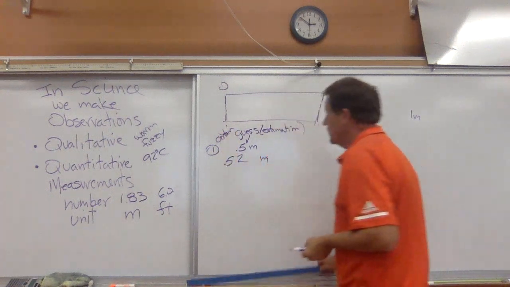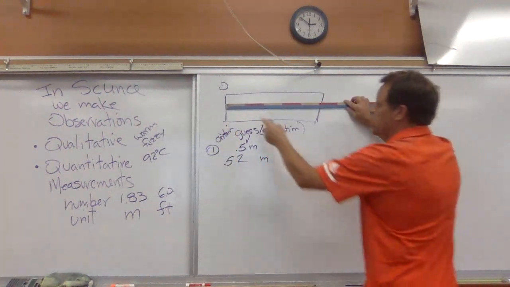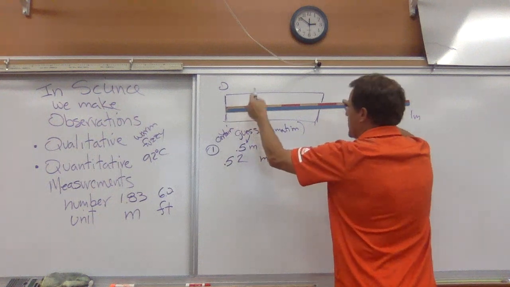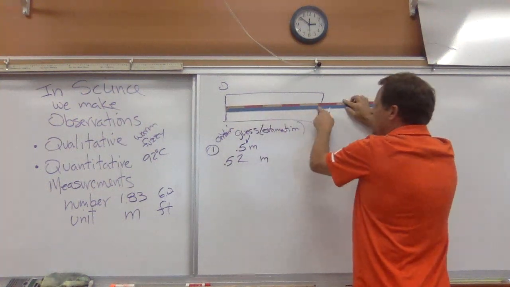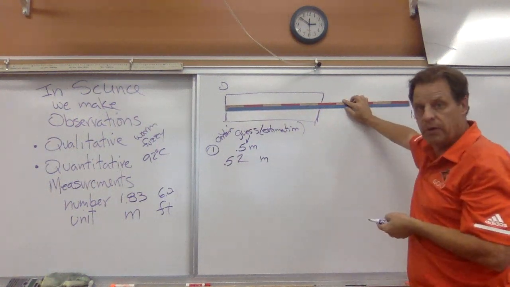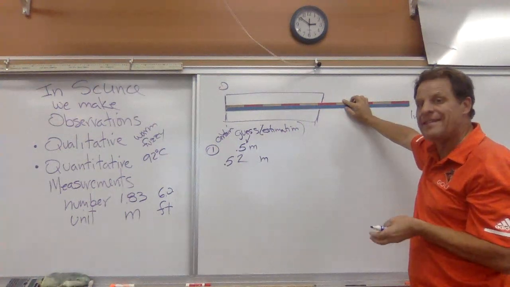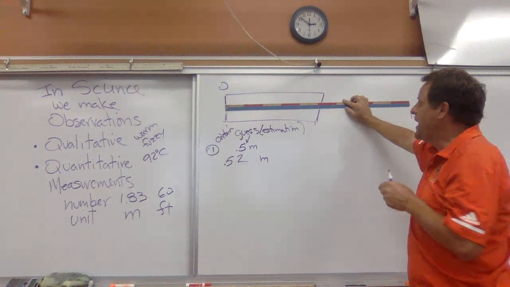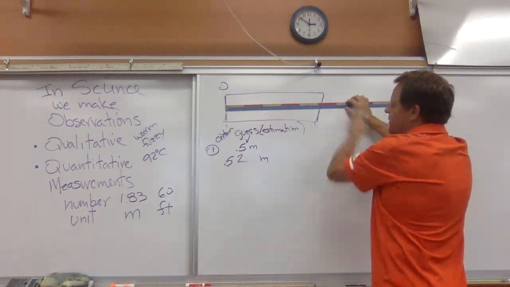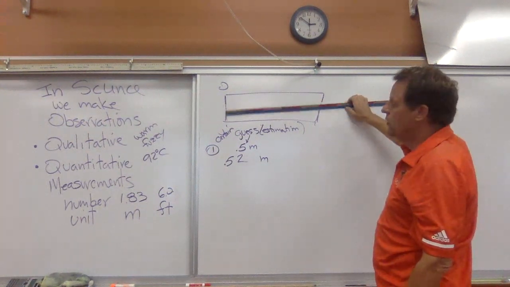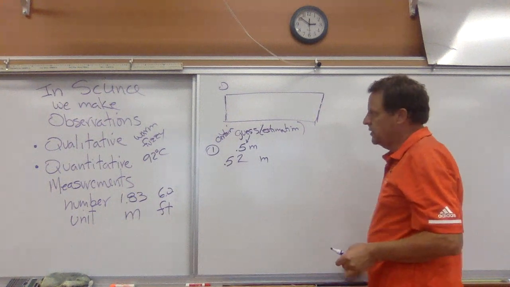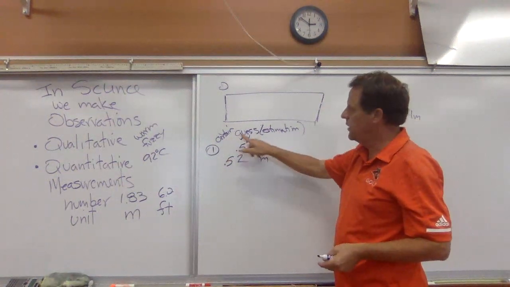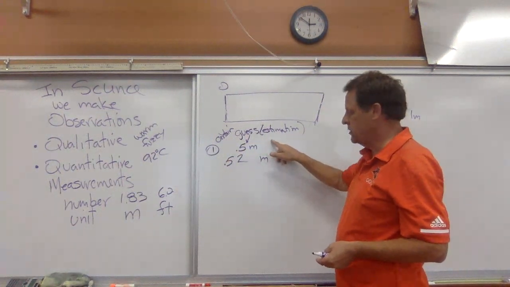It was certain because when I measured it, it was at least 1, at least 2, 3, 4, 5. Since it went past 5 decimeters, I know for certain that it's at least 5. After that, it doesn't quite get to 6, so we're going to estimate in between. So this measurement has one certain figure and one guess, or one estimation.